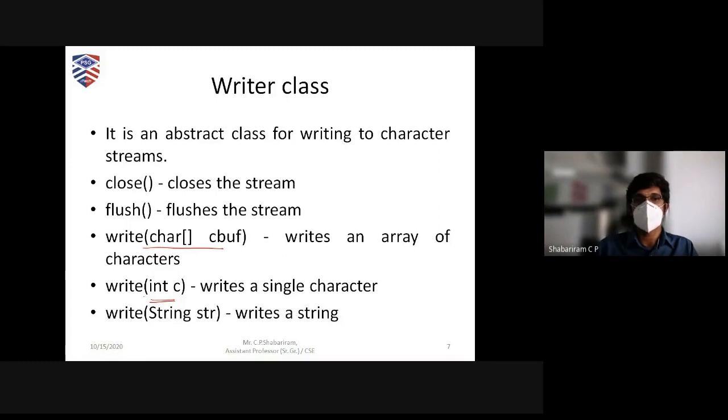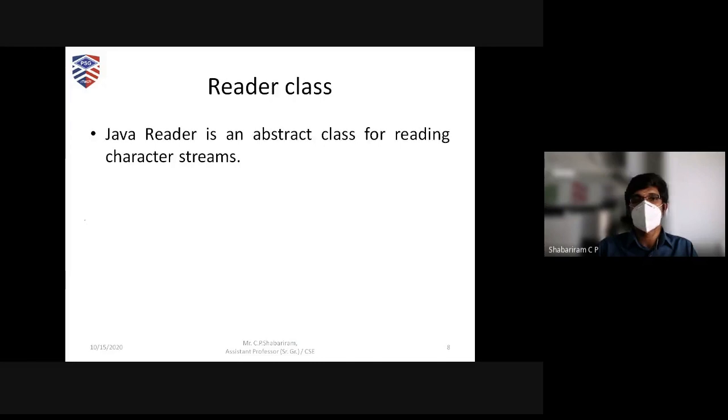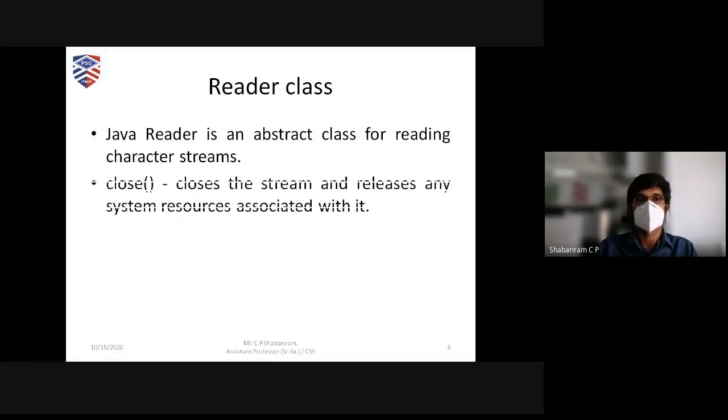Now, for example, if you want to write a string, you may use a string as an argument. So write followed by a string object as an argument, right? It simply passes the string value to the character stream. The next one is specific to the Reader class, which is relevant to input stream. Like the Writer class, the Java Reader class is an abstract class for reading character streams.